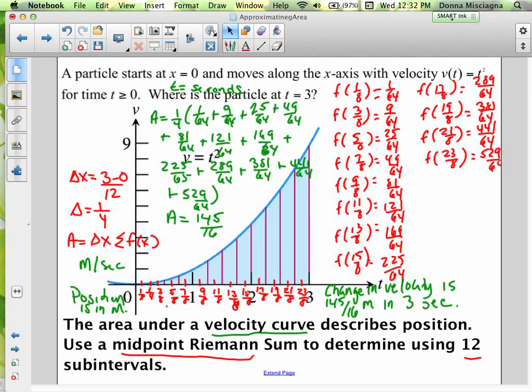Area under the acceleration curve would give you information about velocity, the total change in velocity. So this is our change in position. It's like doing the derivative backwards. Yes, it is, in a way. We'll connect the ideas later, but you should know this much so far.